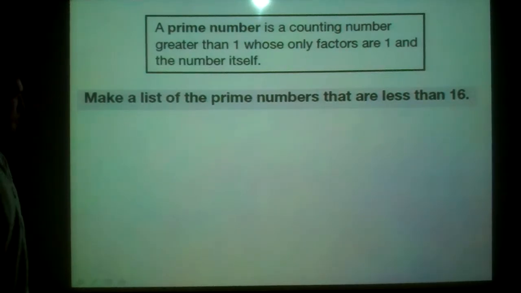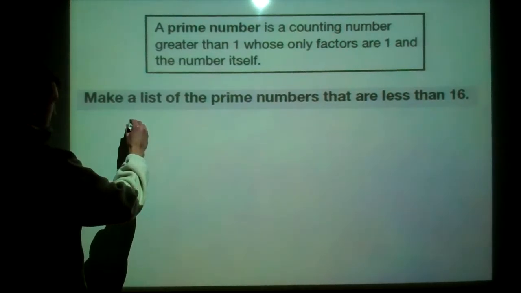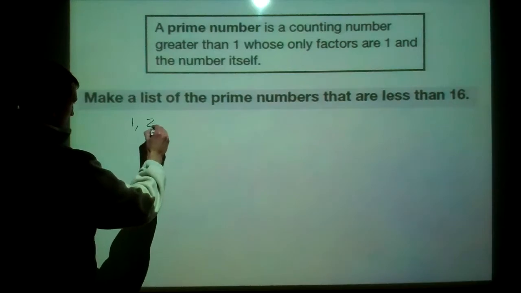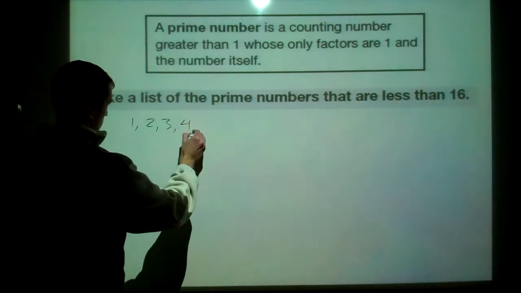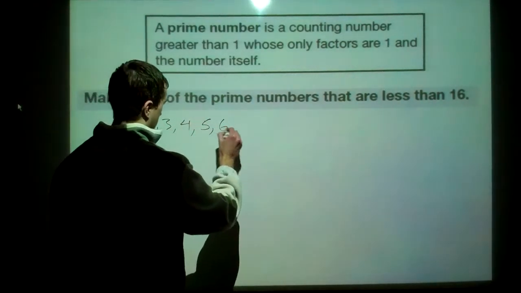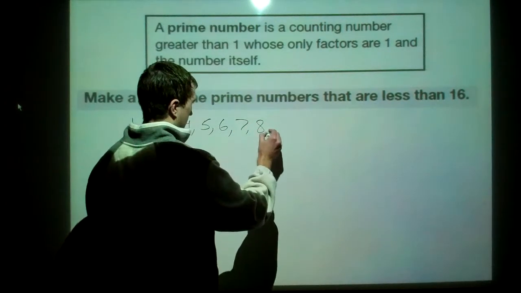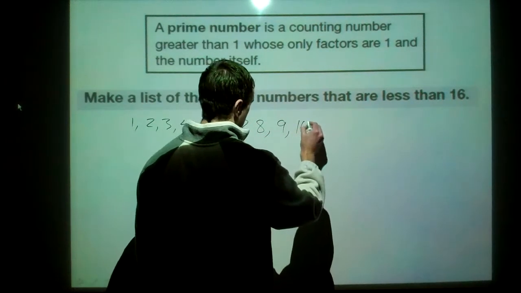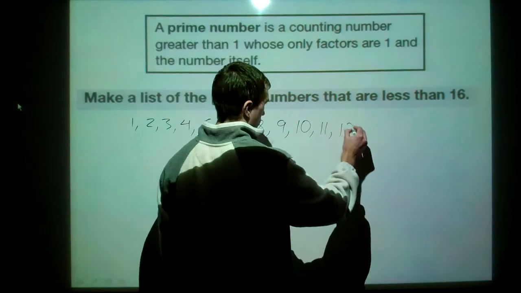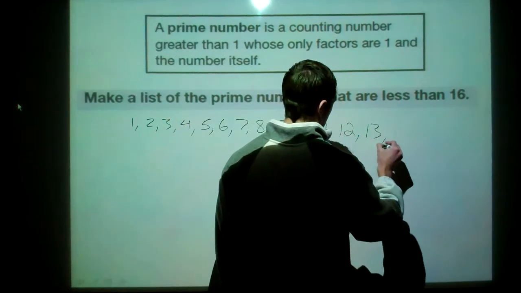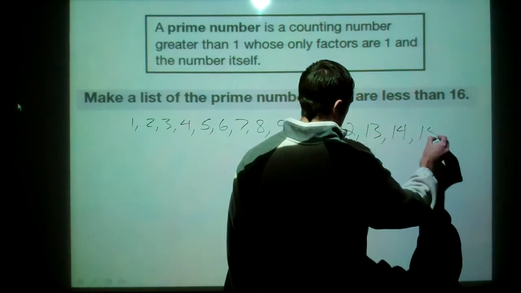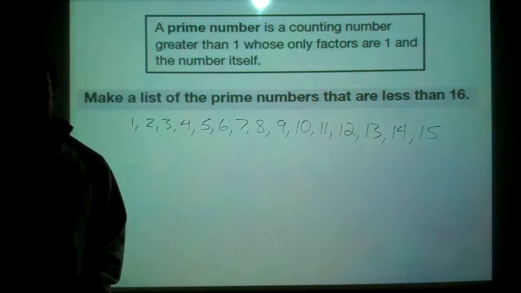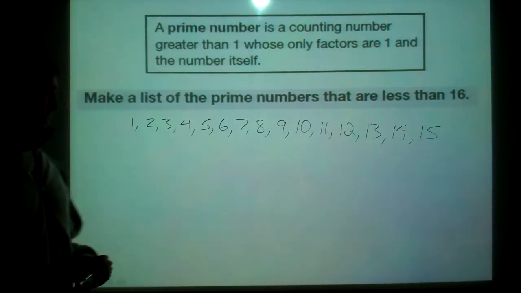Well, let's look at all of them: 1, 2, 3, 4, 5, 6, 7, 8, 9, 10, 11, 12, 13, 14, 15. Now it says less than 16, so we're not including 16.